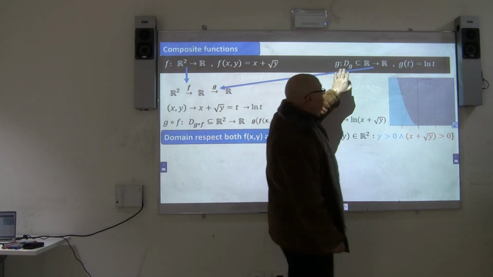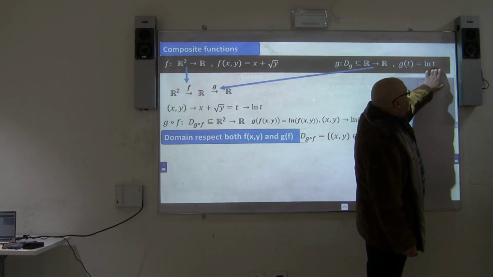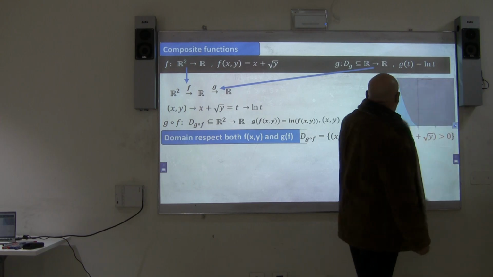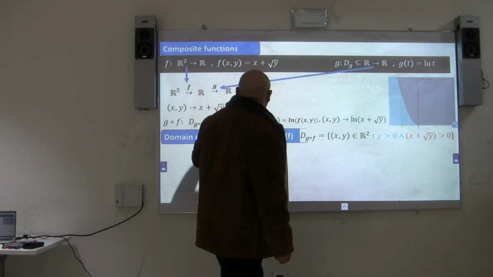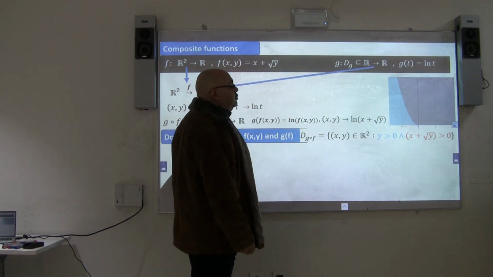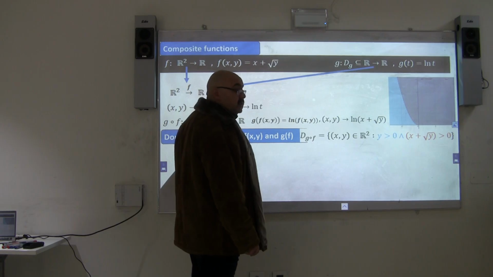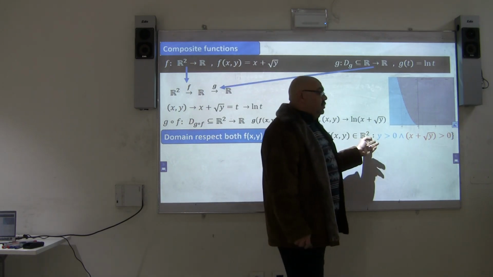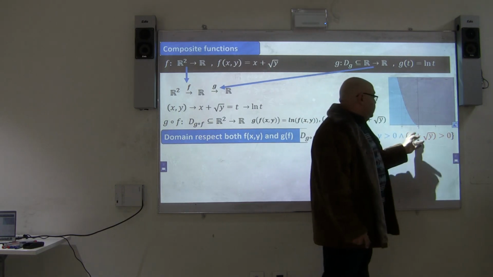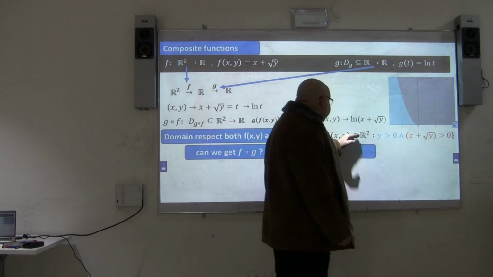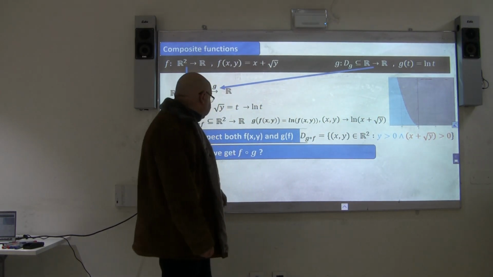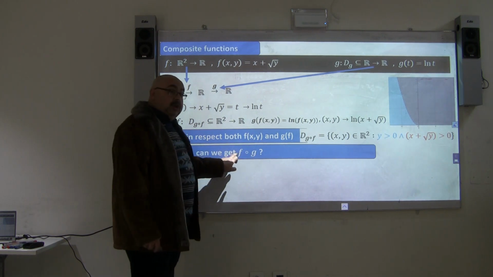And for this function to work, the expression inserted here instead of t, that's x plus root y, should be greater than 0. If I have y greater than 0 and also x plus root y greater than 0, these two conditions must be satisfied. Can we get f composite g?